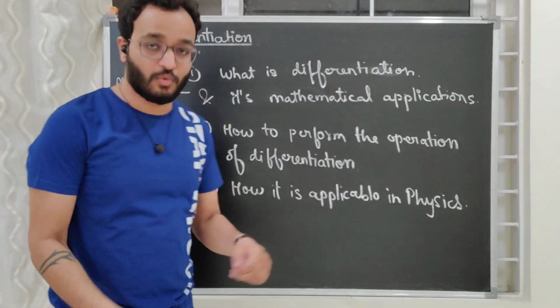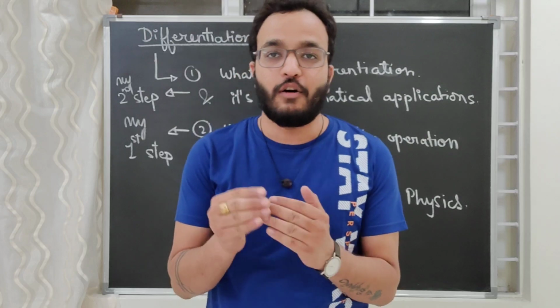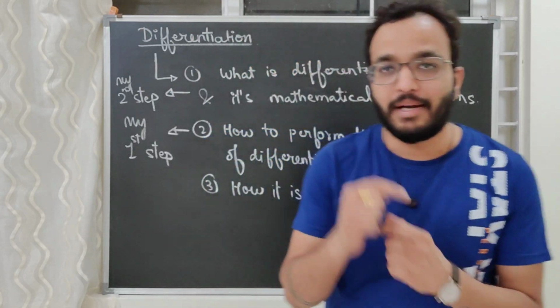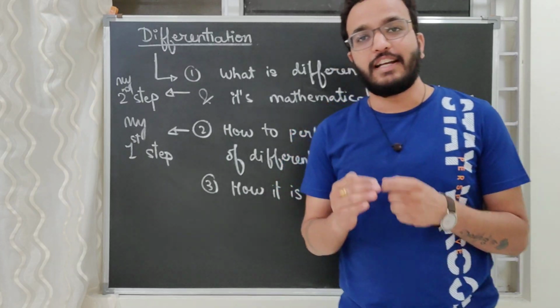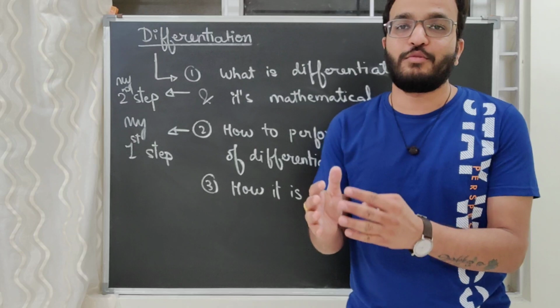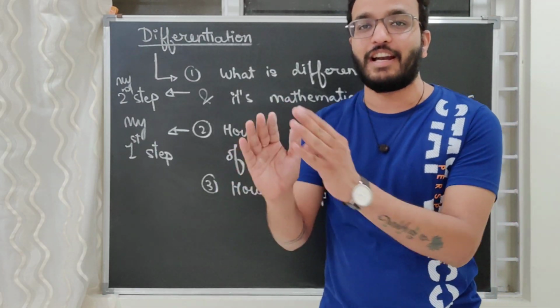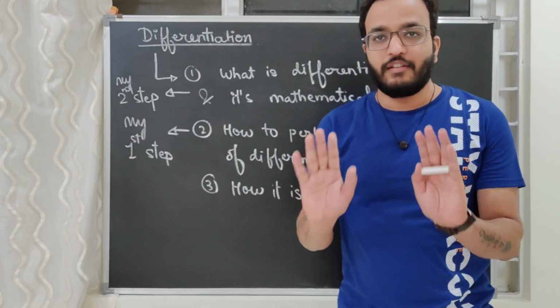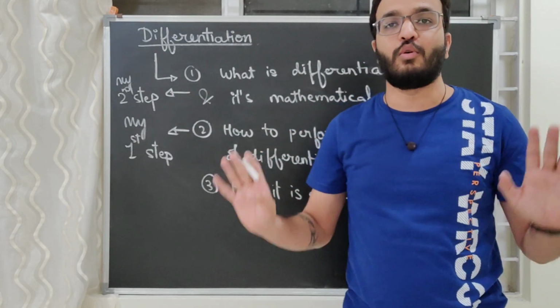Now why am I doing so? Because, students, differentiation is a topic of 12th standard mathematics. If I directly introduce a topic of 12th mathematics in the very beginning of the 11th standard, we can agree that most of the students will not understand thoroughly the whole concept.